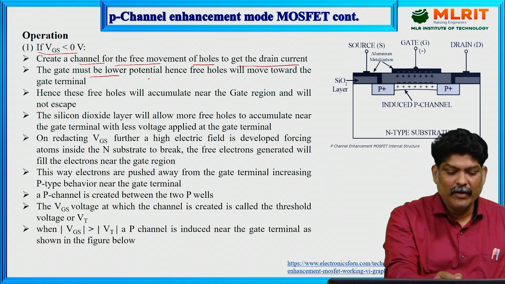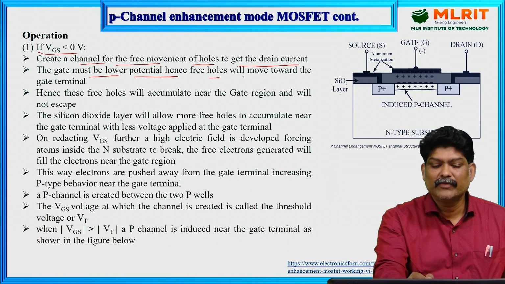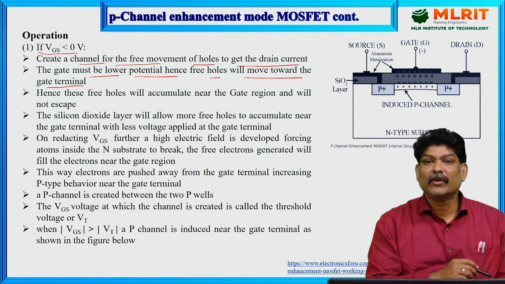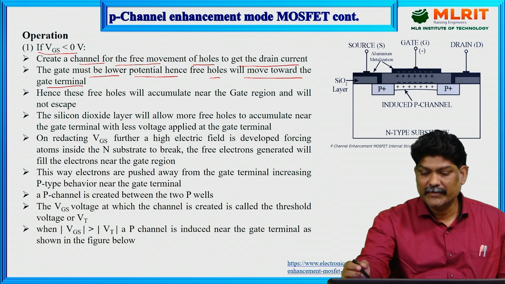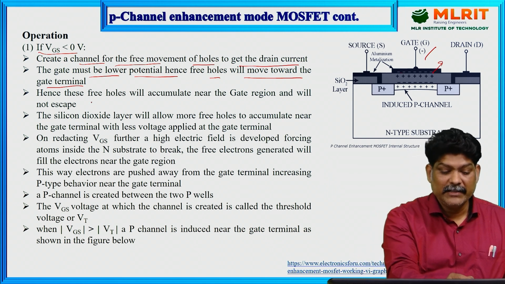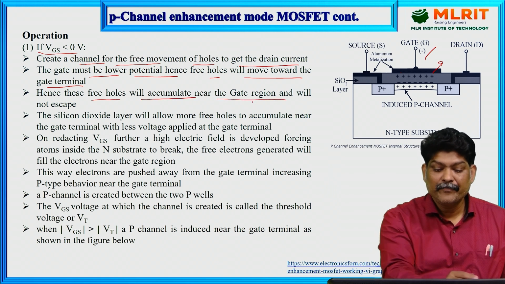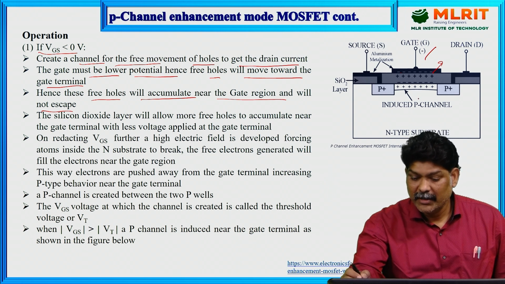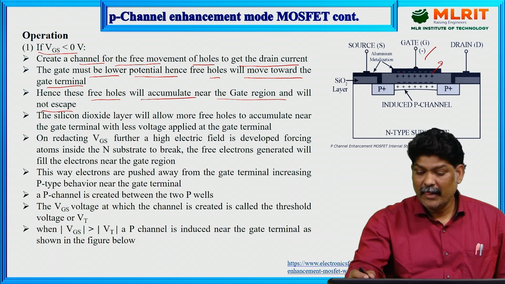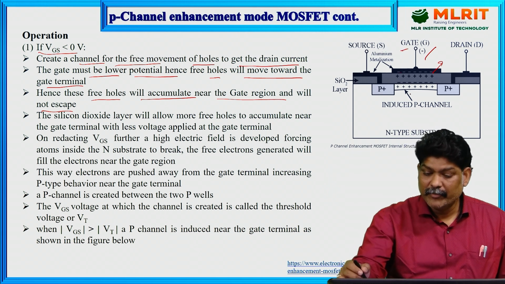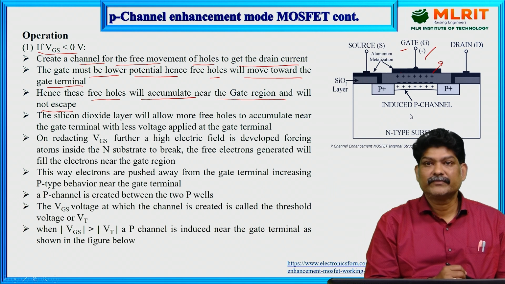The gate must be at a lower potential, that is a negative value, so free holes will move toward the gate terminal. The gate is metal and is at negative potential, so it attracts positive charge particles. Initially there is no channel, and now we are creating one.